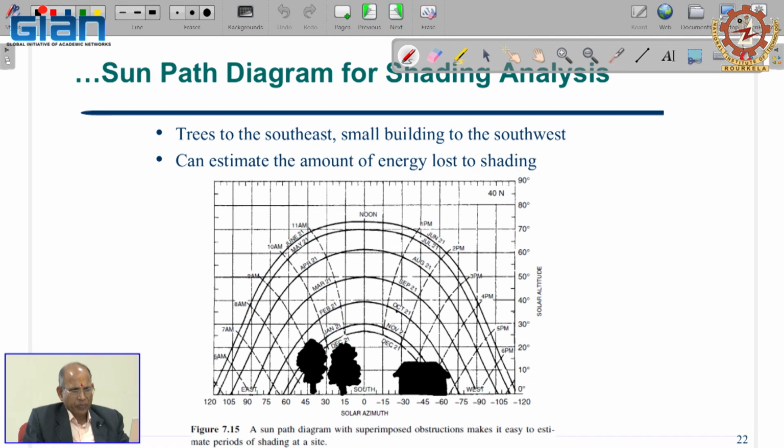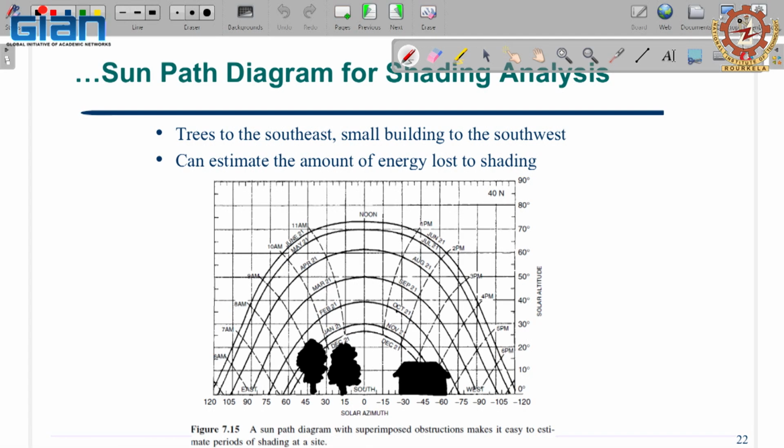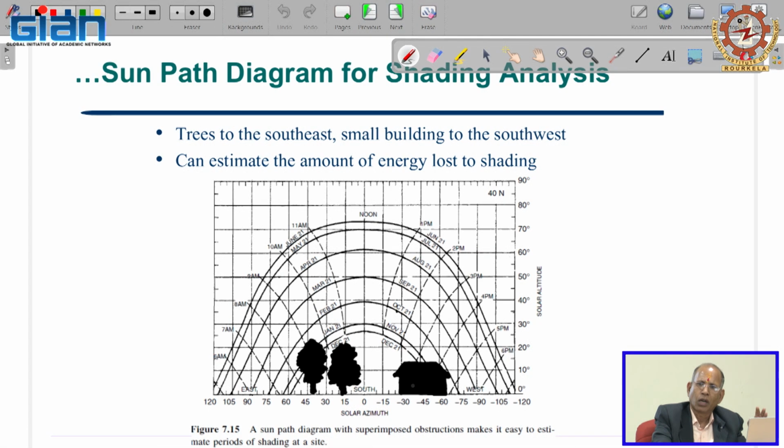This way we will have the shading analysis, the shading diagram throughout the year. Wherever we have our office or wherever we are going to have our PV system mounted, we see whether nearby big trees or tall buildings are going to come, and we check that at any time of the day throughout the year shading does not occur on the PV system.